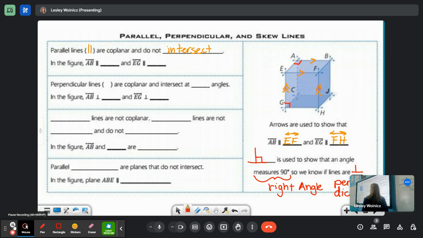Okay, ran out of room. So again, AB was parallel to EF, and EG was parallel to FH. Note to self, revise notes so that we don't have to write that twice next year. Okay, perpendicular lines have this little symbol. They are coplanar also, and they intersect at 90-degree angles.